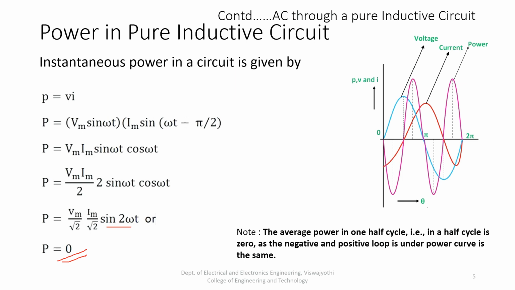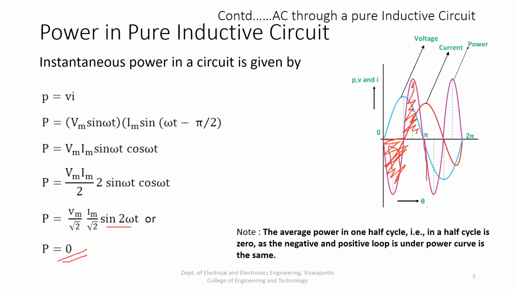This is evident from the waveform. This is the voltage waveform and the current waveform. The instantaneous value of power is the product of the instantaneous values of voltage and current. During one quarter cycle the power is in the negative part, and in the next quarter cycle the power is in the positive part.